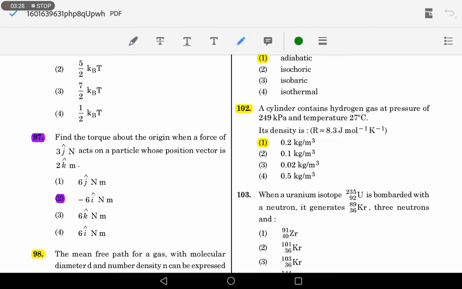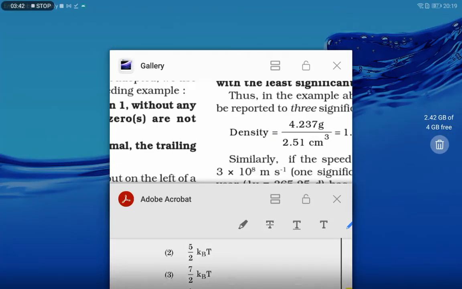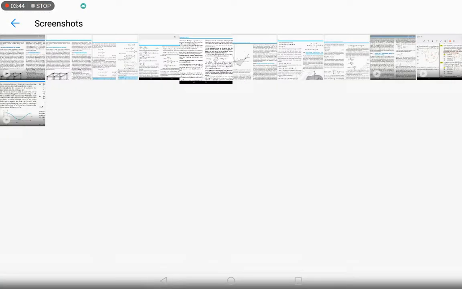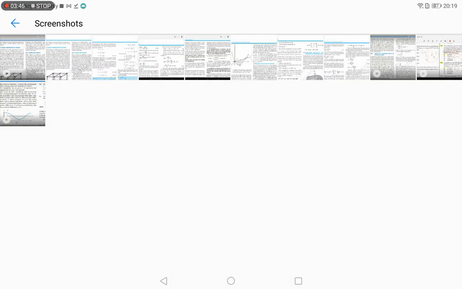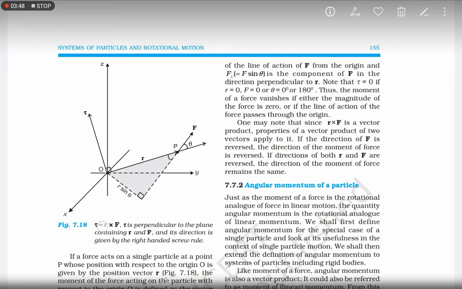Find the torque about the origin when a force of 3 j cap Newton acts on a particle whose position vector is 2 k cap meter. This question is slightly twisted because many aspirants may commit a mistake here. The NCERT provides the formula as tau bar equal to r bar cross f bar.